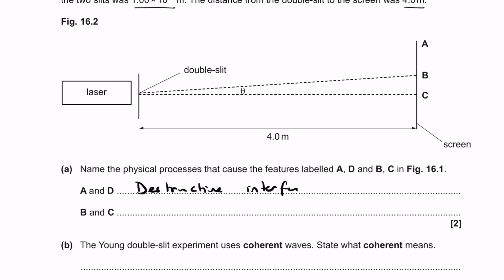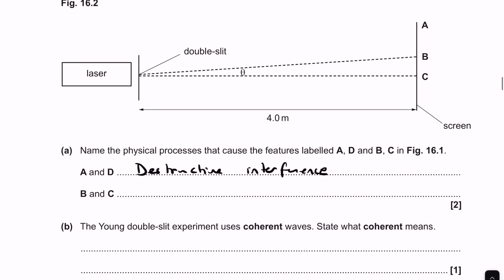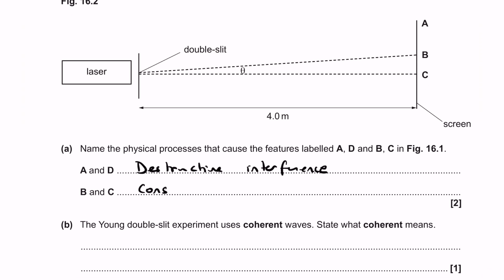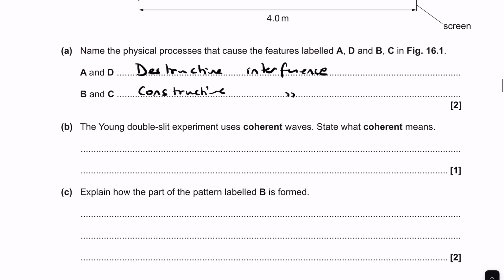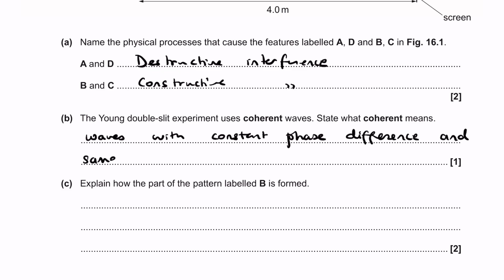And with B and C, we have bright fringes, which is due to constructive interference. So that is that. Part B, the Young double slit experiment uses coherent waves. State what coherent means. Well, they're waves with a constant phase difference and the same frequency.